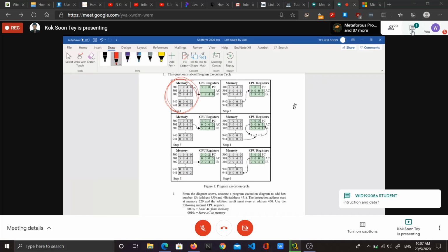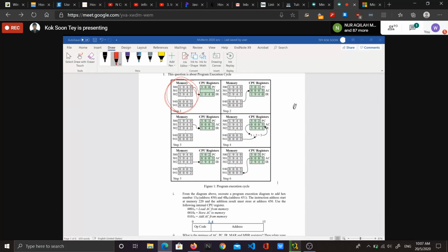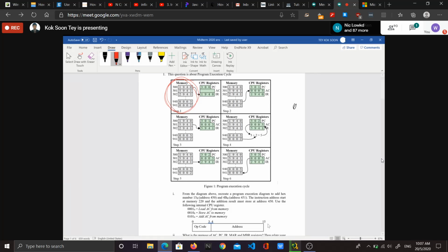The content in the memory should be the same until the last step, right? So what should we do? Instruction and data. So we go for the data first.